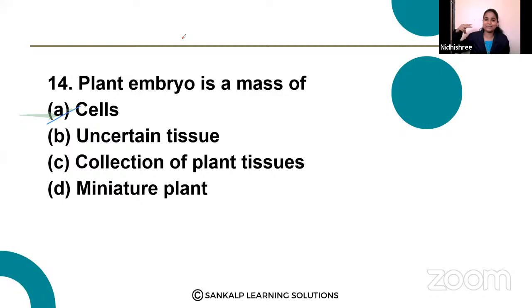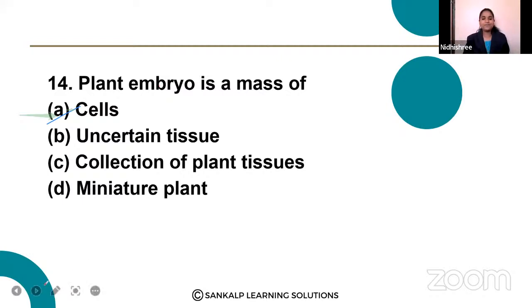I will not tell the name because after that everyone will type that option only, no? Yeah, three persons, Ganesh, Dyuti and Diti. Option D, miniature plant is the right answer. That embryo develops into a new plant further, right? So it is a mass of miniature plant.